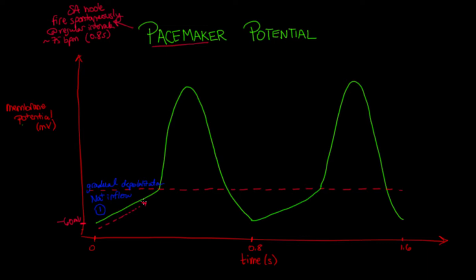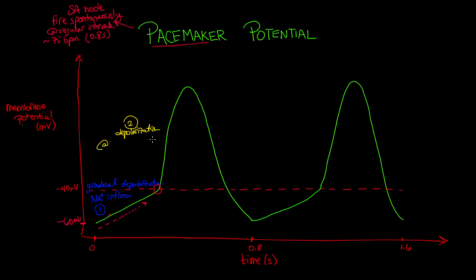Now next up, let's observe what happens at the next phase. As you can see, I added a dashed line here, and this is at approximately -40 millivolts. Once this sodium inflow hits -40 millivolts, we call this the threshold potential. When this threshold is reached, voltage-gated calcium channels open, and this is phase number 2 of the depolarization.